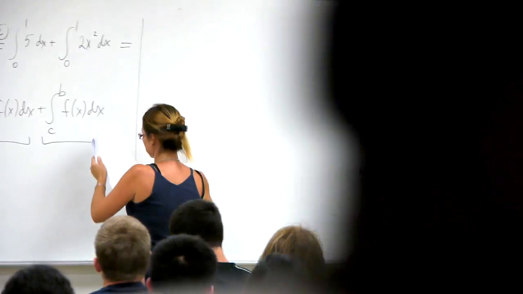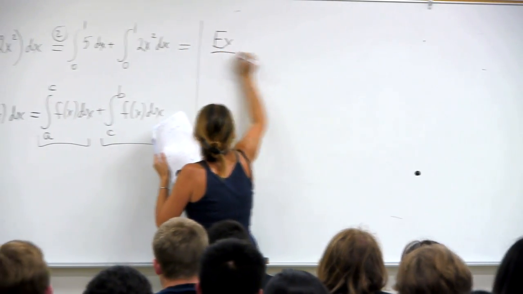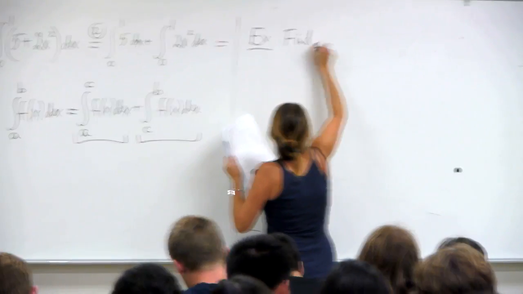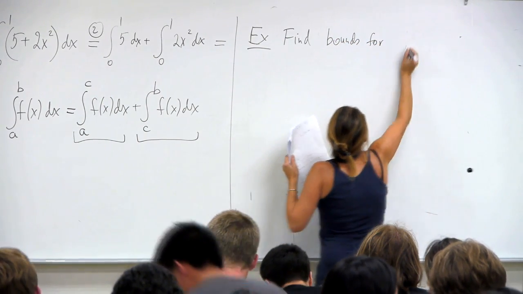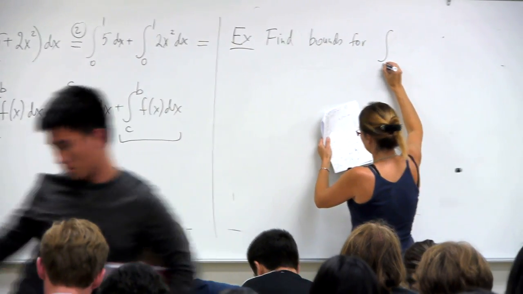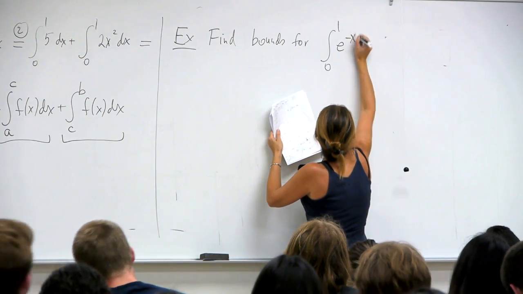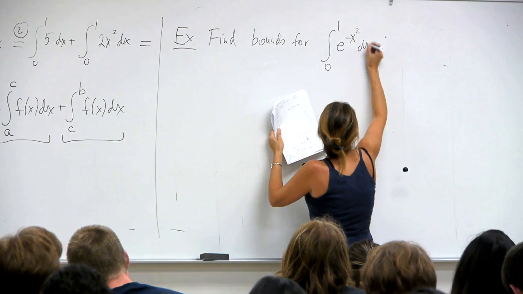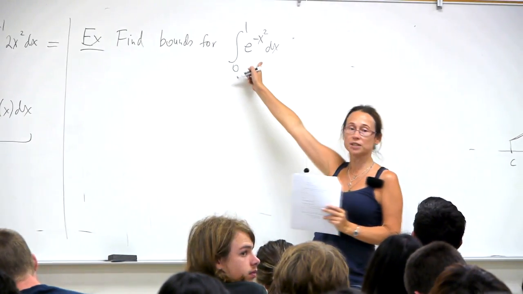The example is like this. Find bounds for the integral from 0 to 1 of e to the minus x squared dx. So at this stage, we have no idea what this value is.